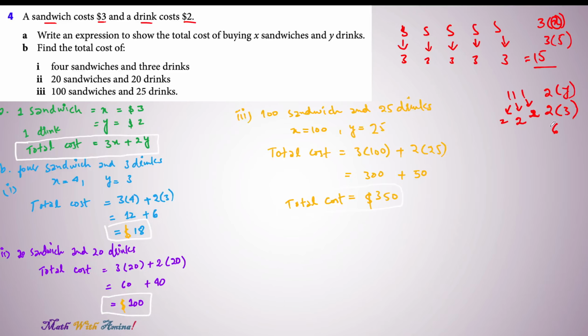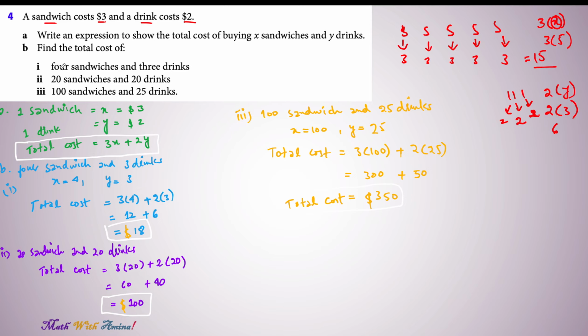It means that we will have $6 to be spent on 3 drinks. So now adding the cost of each, in X we will place the number of sandwiches, in Y we will place the number of drinks, and adding them we will get the total cost.